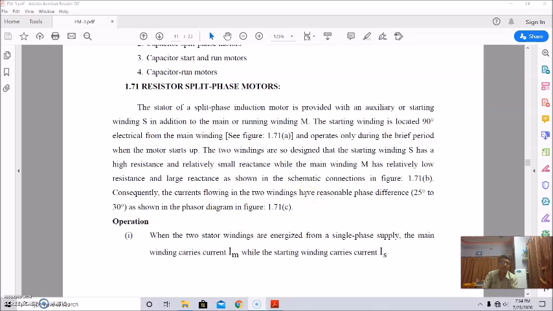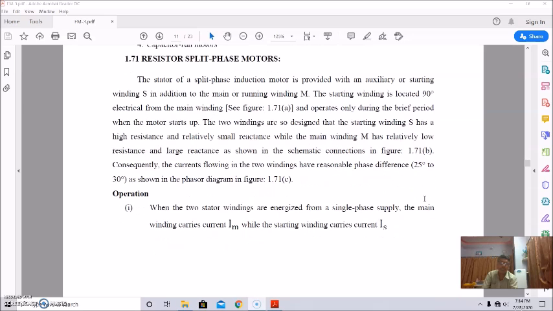The two windings are so designed that the starting winding S has a high resistance and relatively small reactance, while the main winding M has relatively low resistance and large reactance, as shown in the figures I am coming to. Consequently, the currents flowing in the two windings have a reasonable phase difference, of the order of 25 to 30 degrees, which is also shown.